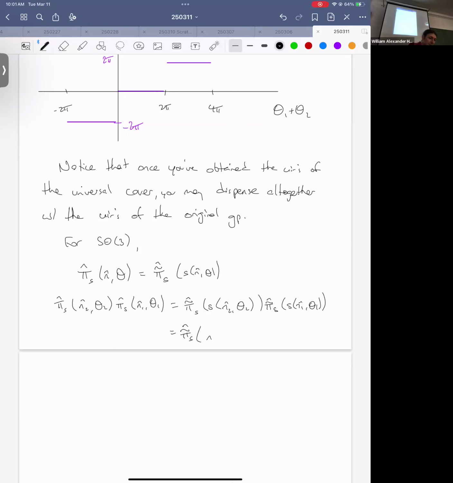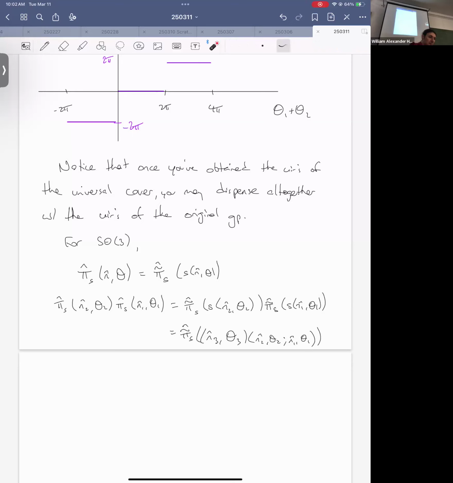This is some n hat 3, theta 3, that itself is some complicated function of n2 theta 2 and n1 theta 1. It's called the Rodriguez formula, from some guy in some ancient time. Somebody figured this out from trigonometry, like it was brutal. Much easier to use modern techniques.